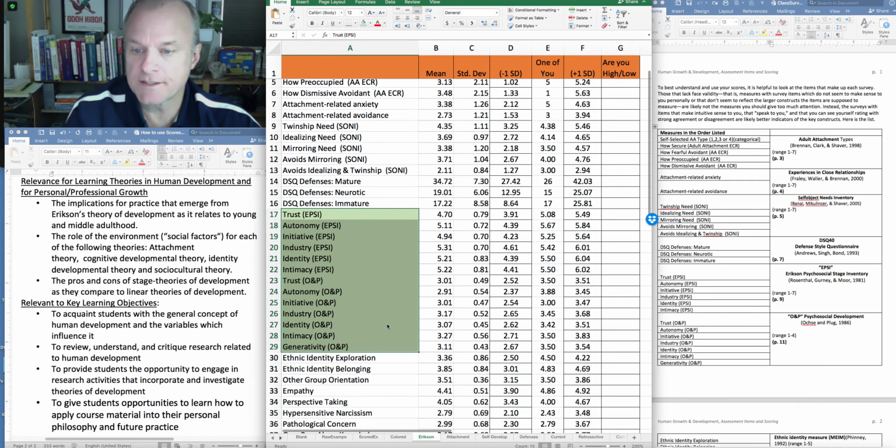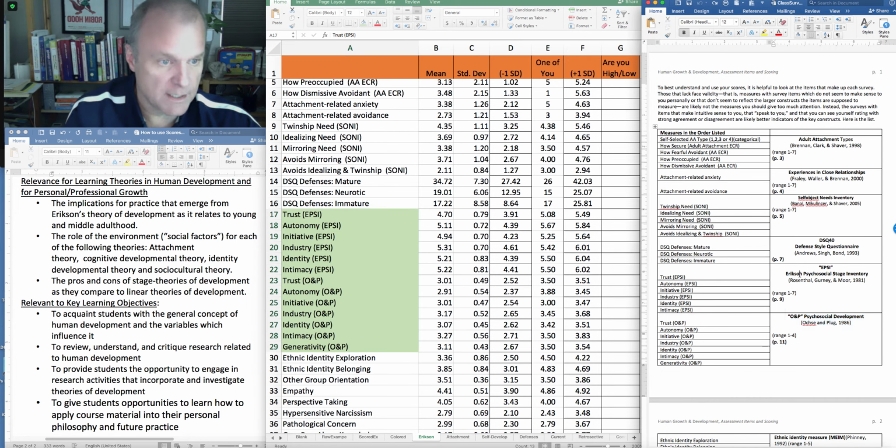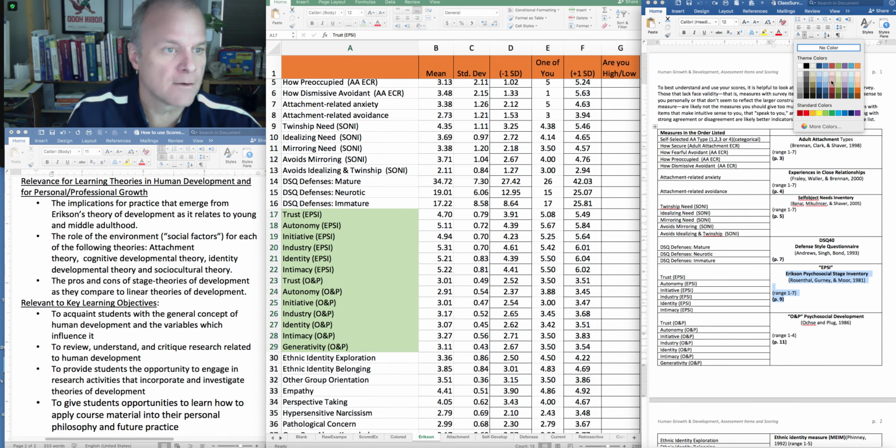So these are the Erickson scales that are from literature. No, I don't see fill. I see, yep, there's fill. Okay, so these two are Erickson's stages.